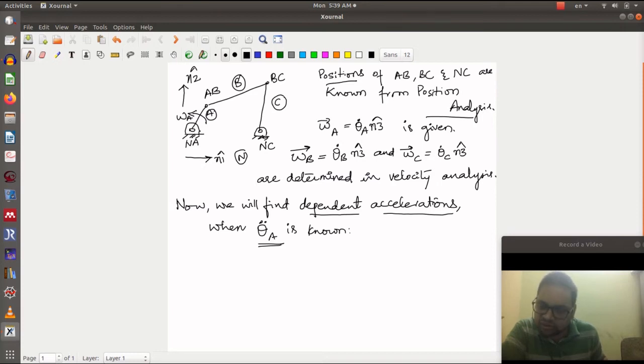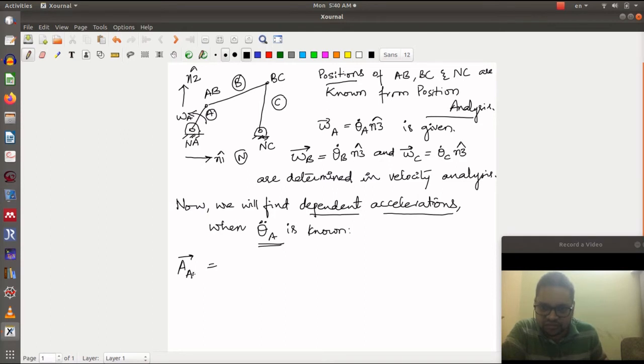So how do you write the equation for acceleration of BC? Acceleration of BC is acceleration of AB. Okay, first let us determine acceleration of AB.